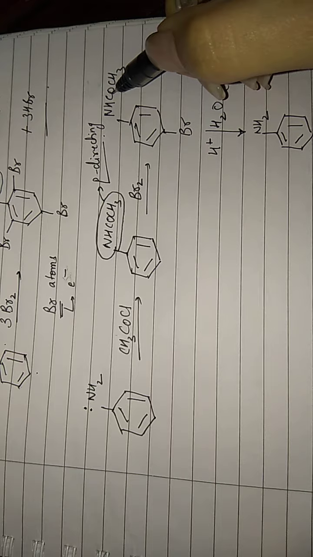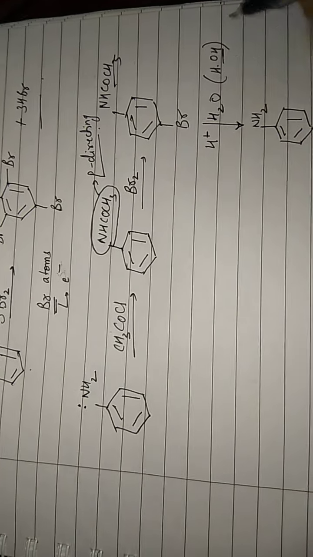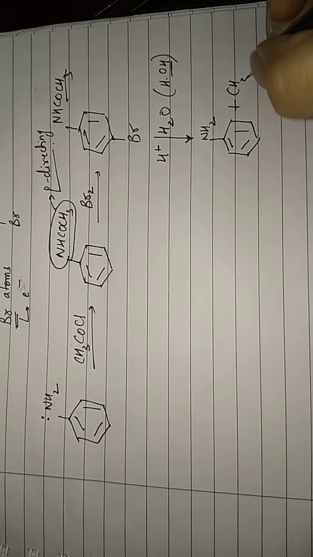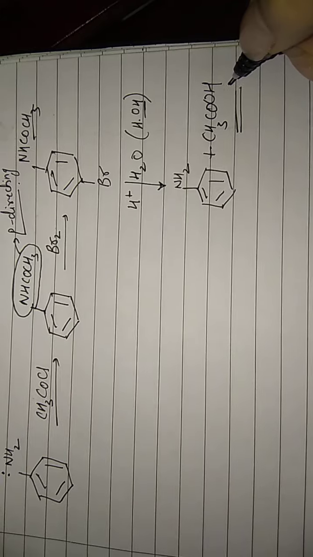That means one hydrogen already present and one hydrogen from water. The OH that is left gets attached to this particular carbon atom. This is CH3CO and OH gets attached to it. So what do you get? CH3CO, which was already there, and the OH of water, so giving a byproduct, ethanoic acid.